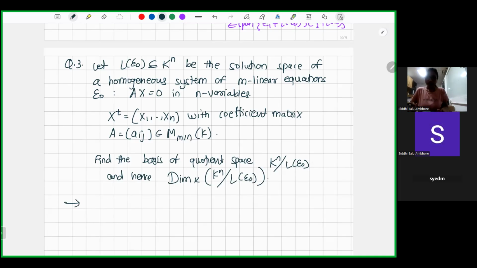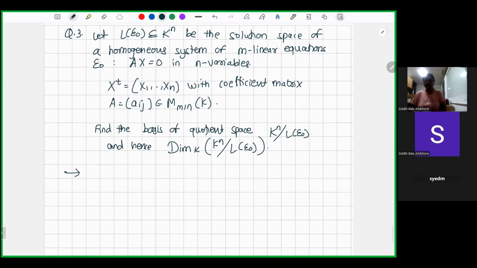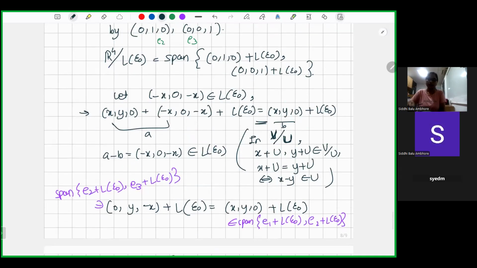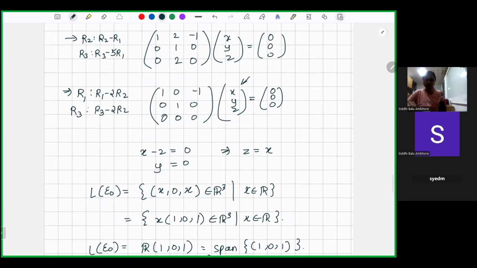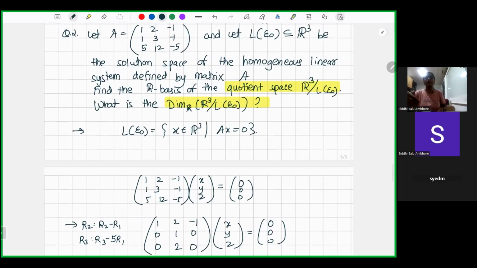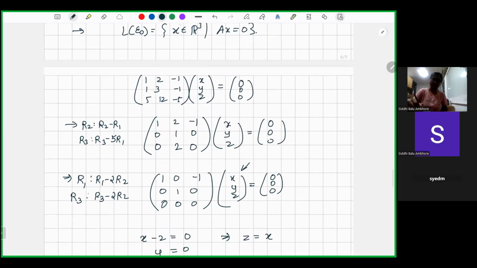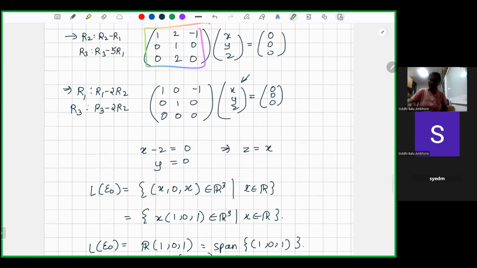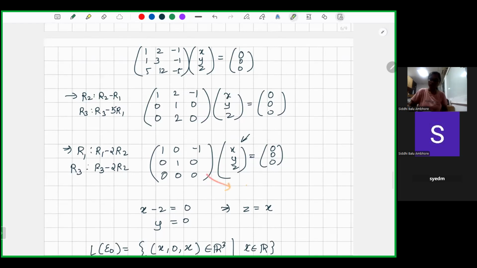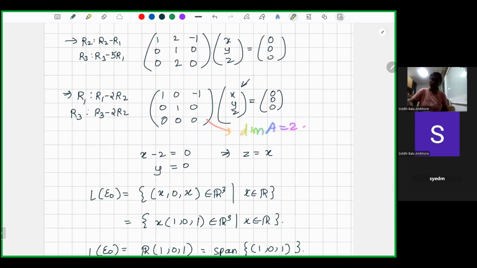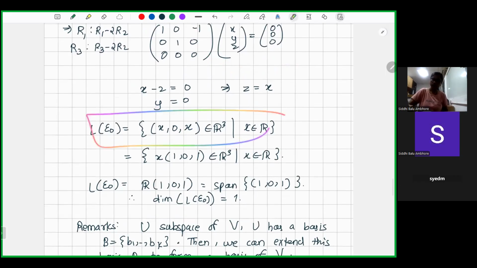So to find that, we will go through this question here. What we started with was A. The dimension of A was 2. So the dimension of the kernel, this L0, was the dimension of R3 minus the dimension of A, so the dimension of this was 1.